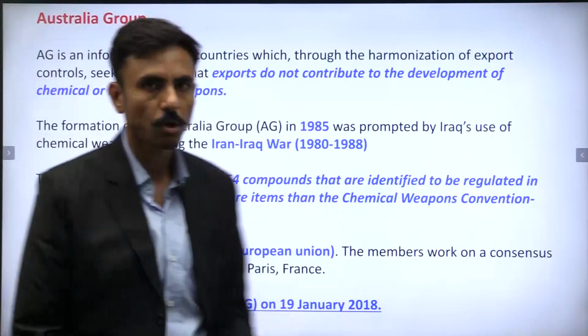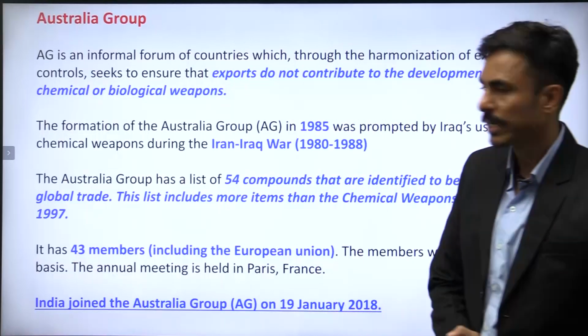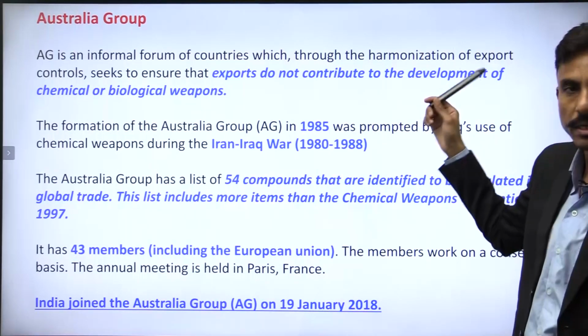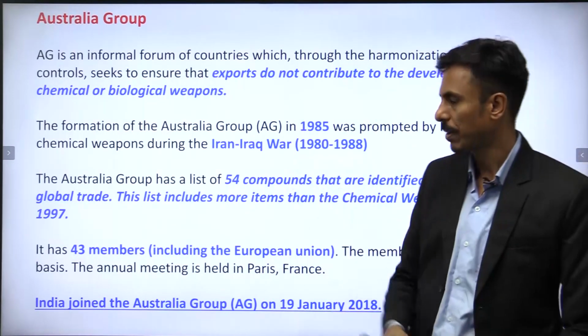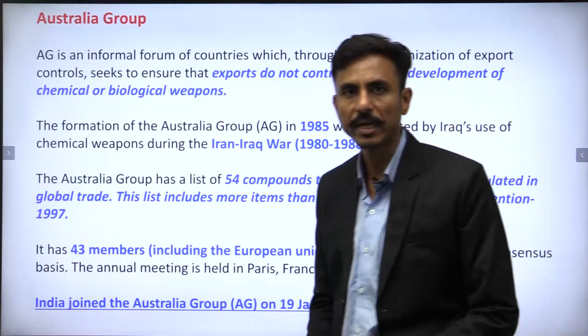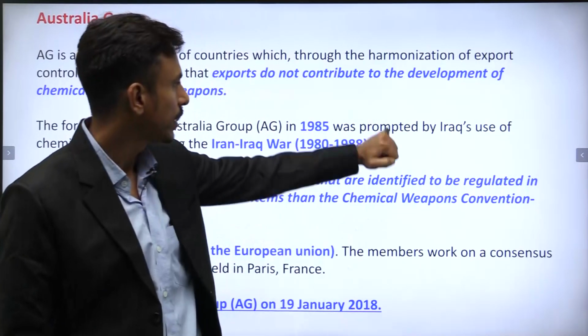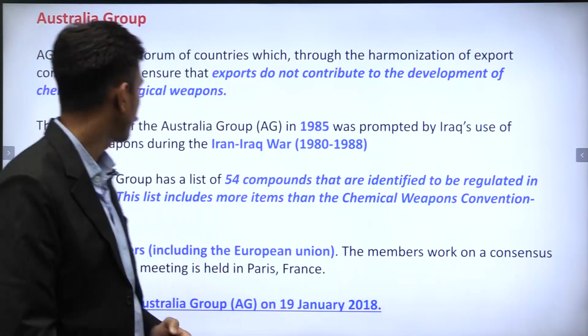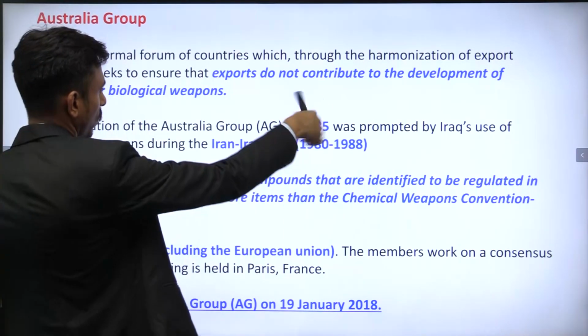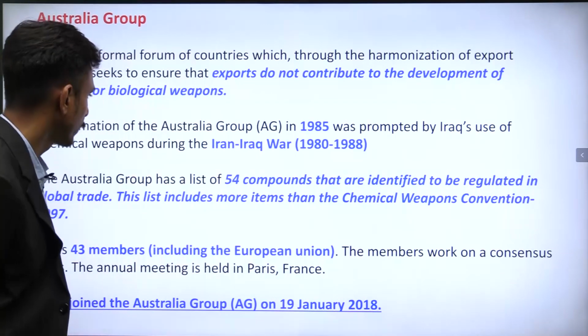So in this sense, the Australia Group, as I said, bans or prevents any transaction in chemical and biological weapons. It was formed after the Iran-Iraq war of 1980-1985, when Iraq used chemical weapons during this war, and it came into being in the year 1985.